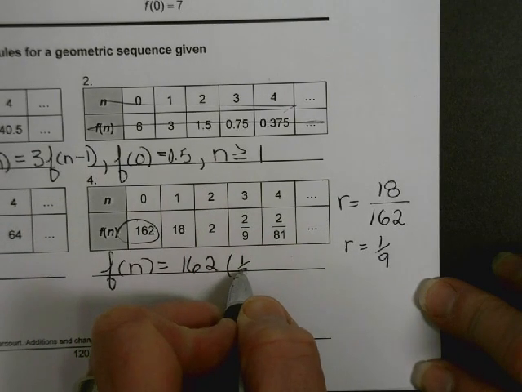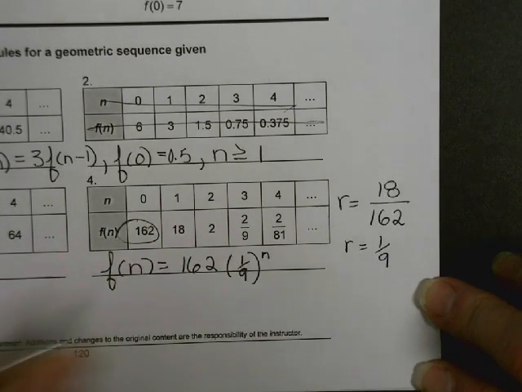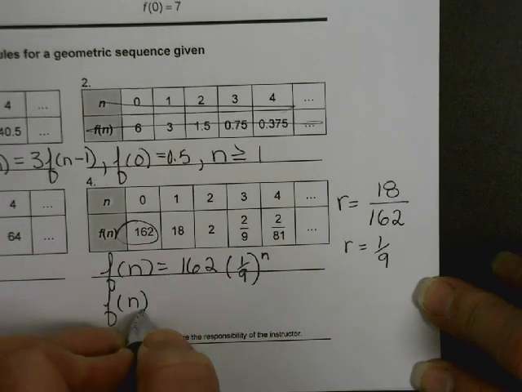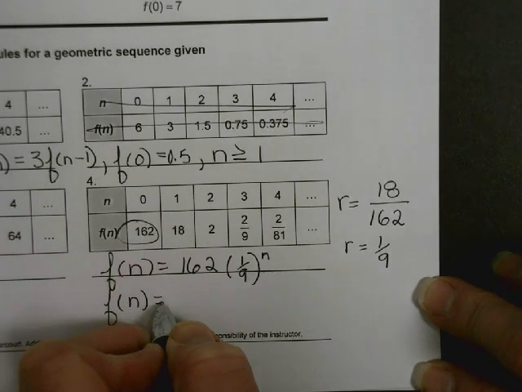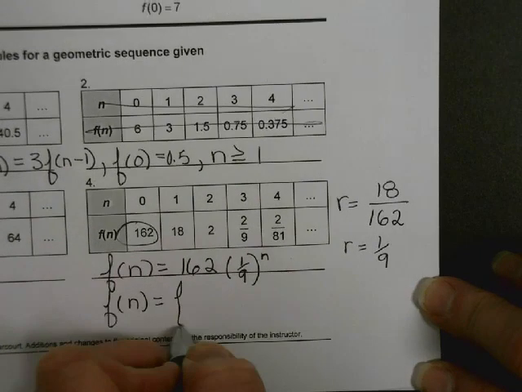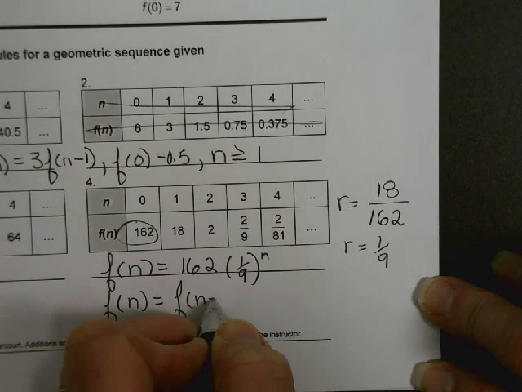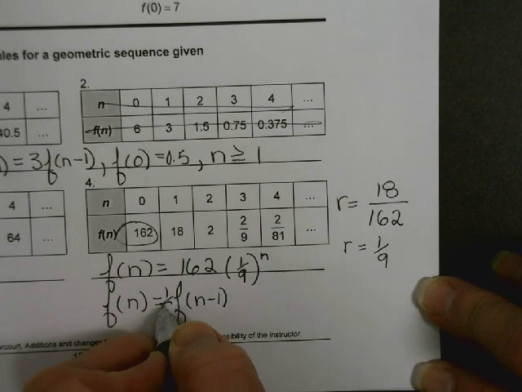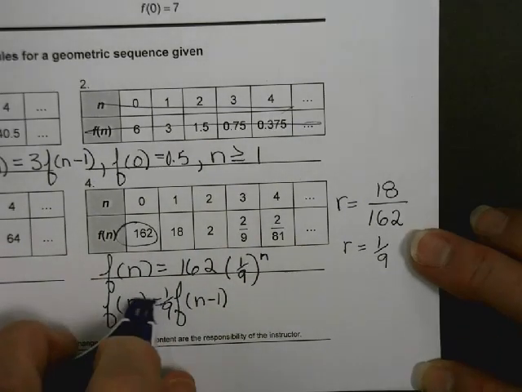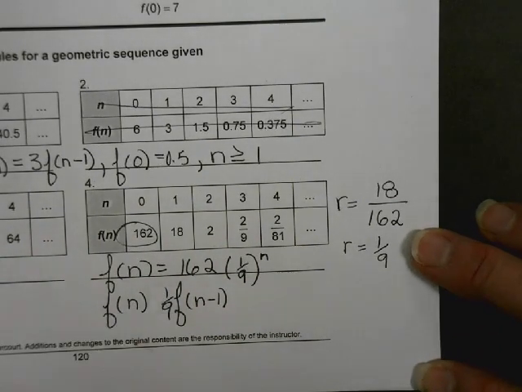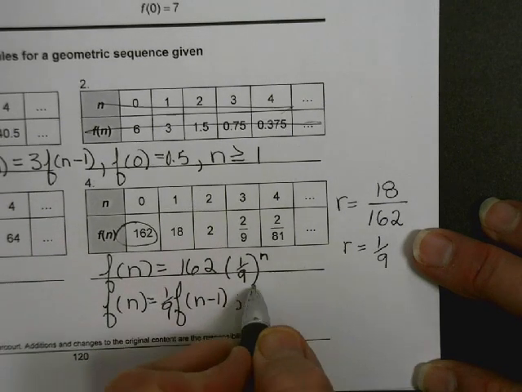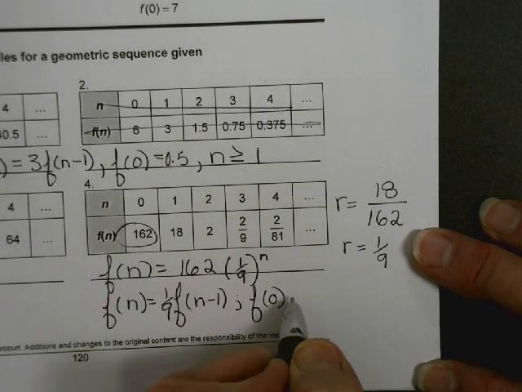So my explicit is A times R to the n power. And my recursive is a lot. The first one isn't, it's just f of n minus 1 times R. My R needed to be in front, 1/9 needed to be in front of that.